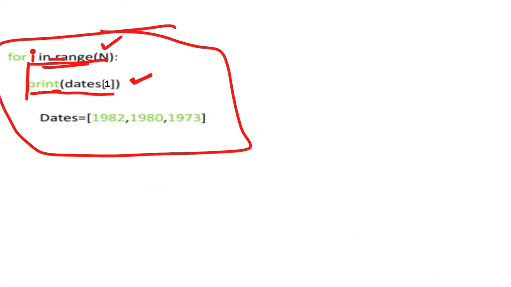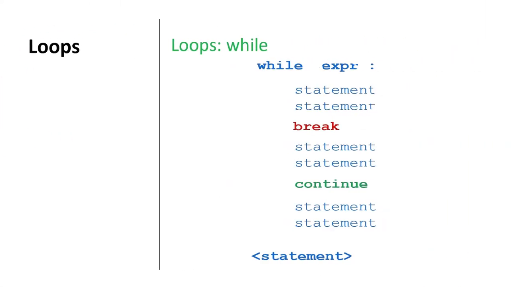The next one is the while loop, and the structure of the while loop is as follows. We take while and then an expression, and then we indent. The indent will be as follows, and then statement 1, break. We can use break and continue as per our requirements.